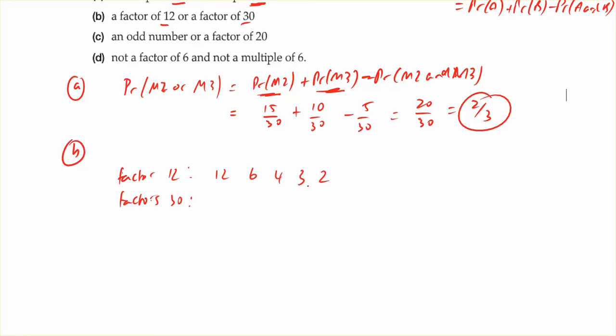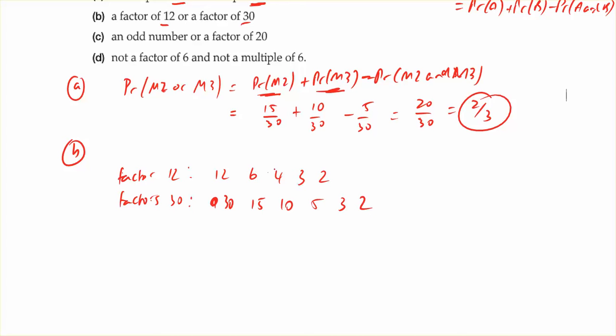Have I missed any? I don't think I've missed any. Factors of 30 are 30 itself, 15, 10, 5, 3, 2.